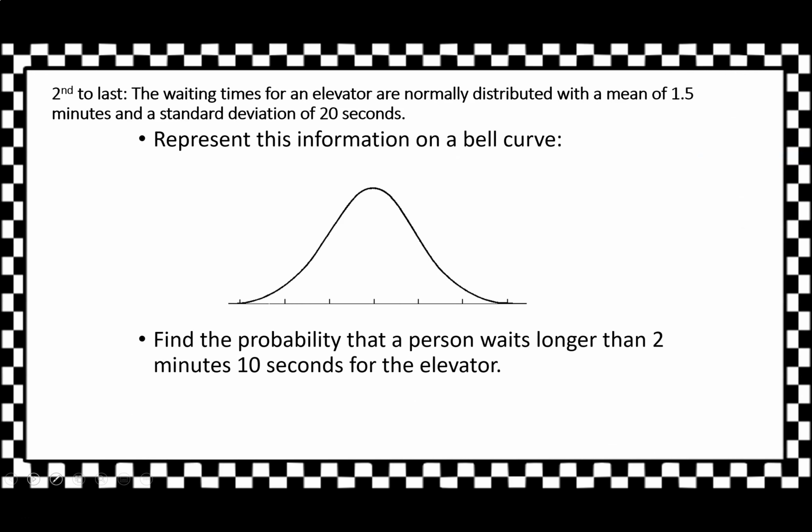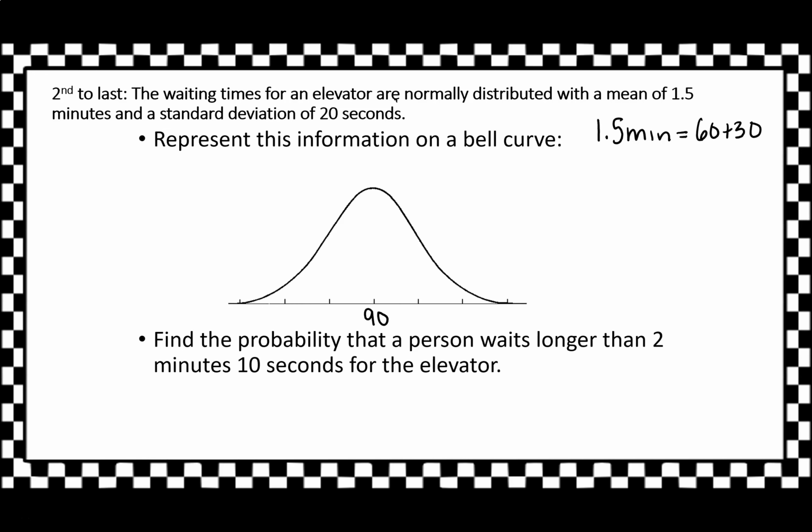All right, second to last problem here. The waiting times for an elevator are normally distributed with a mean of 1.5 minutes and a standard deviation of 20 seconds. Let's go ahead and mark the picture. So we've got 1.5 minutes as our average. But let's go ahead and convert that into seconds. That's going to be 60 seconds plus 30 seconds is going to be 90.